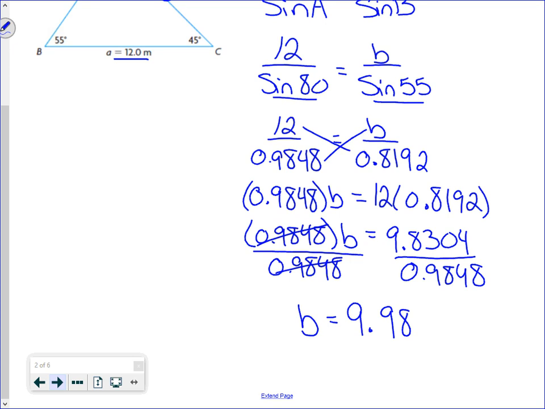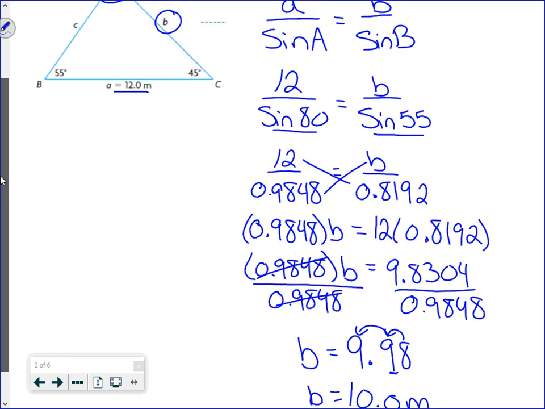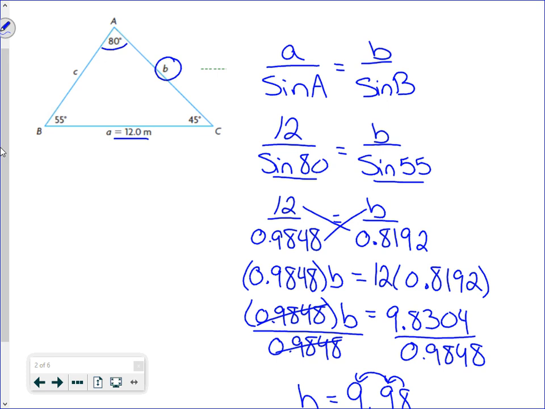And the question says round it to the nearest tenth, so that would be 1 decimal place. So the 8 actually bumps the 9 up to a 10, which then in turn bumps this up to 10.0. And we know that we're working in meters. So the length of side B, right here, is 10 meters.